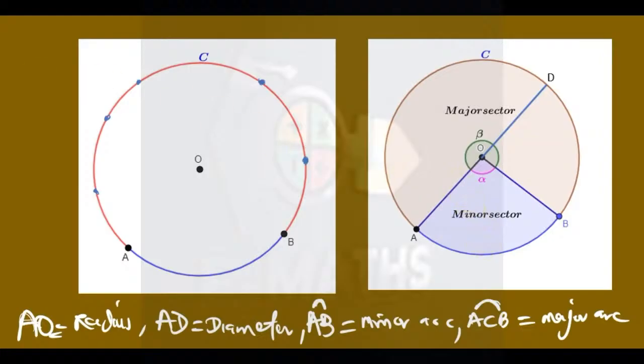With that, you can easily see the area. Let's now write the formula for the length of arc and area of a sector.